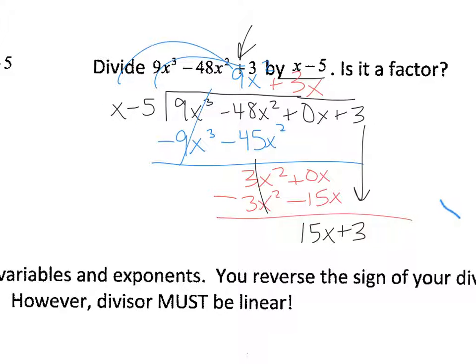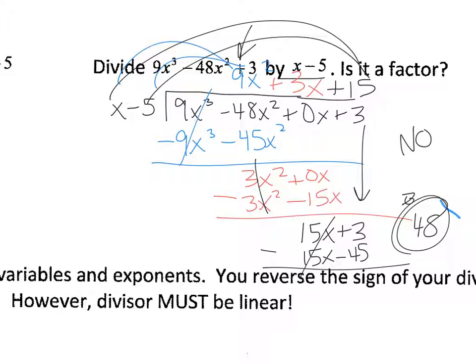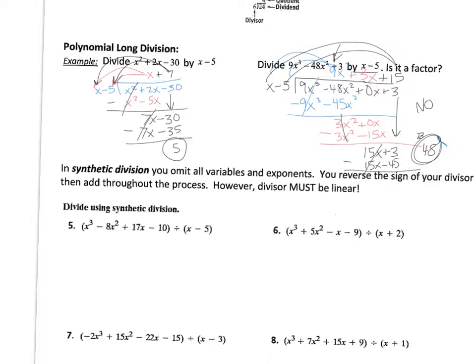It's 15, so I write plus 15. And now I'm going to multiply x times 15, and 15 times -3 is -45. So no, it's not a factor because you end up with a remainder of 48. So just make sure that you hold a spot for it if it skips a degree in the polynomial.